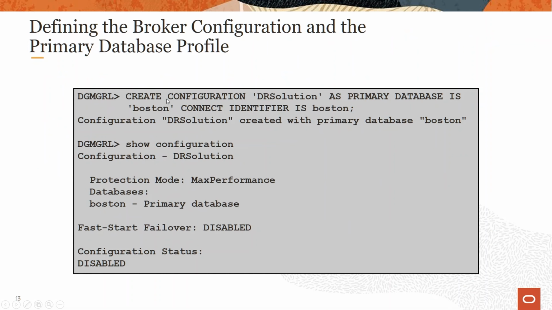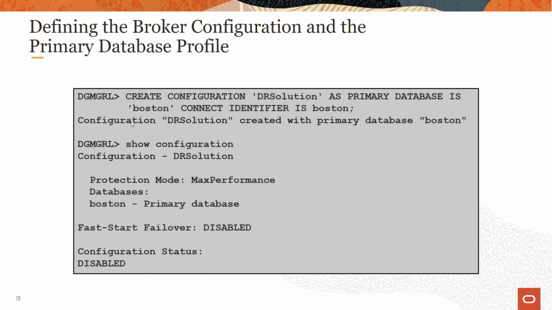And this is the command to create a Data Guard broker configuration: create configuration dr_solution as primary database is Boston. dr_solution is the Data Guard broker configuration name. Boston is the DB_UNIQUE_NAME, and the connect identifier is Boston, which is a net service name, so a TNS name entry.